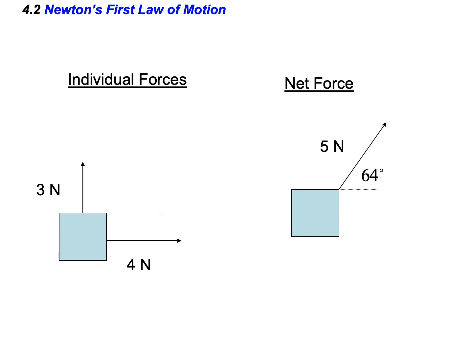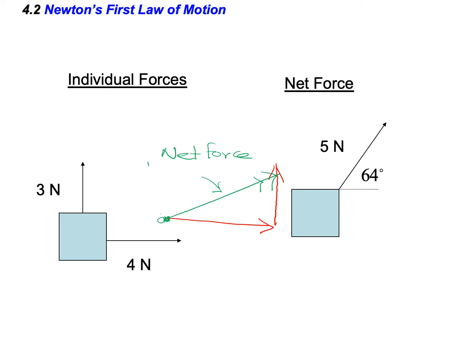Let me draw the horizontal vector, 4 Newton, in this direction, and then you bring the other vector, the 3 Newton vector, and your resultant force is, tail of the first vector to head of the second vector. This is your net force.